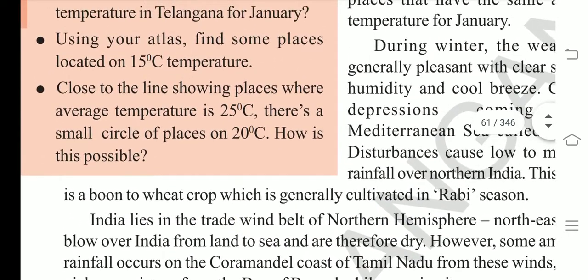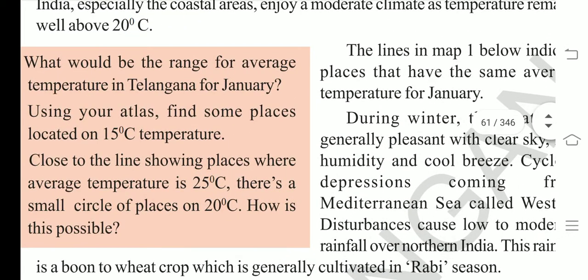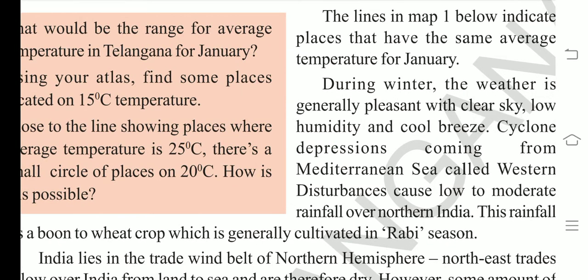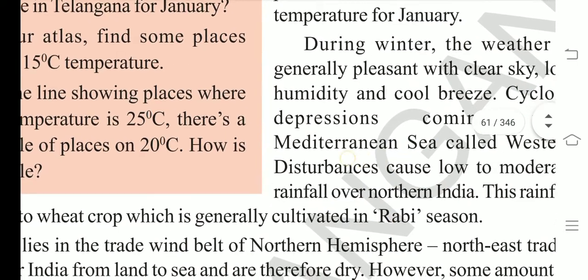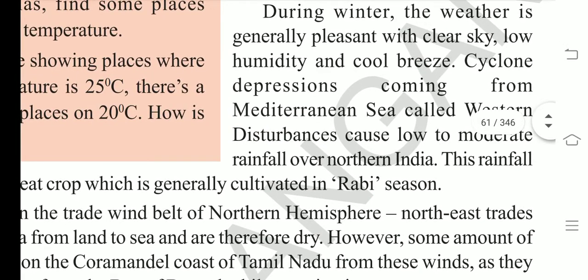Understand? Next, we see that during this winter, the weather starts becoming cool. There will be a clear sky, low humidity and cool breezes. There is cold wind blowing, and low humidity in the sense water vapor present in the atmosphere is very low. The sky appears very clear without formation of clouds, and cyclones form in the Mediterranean Sea.